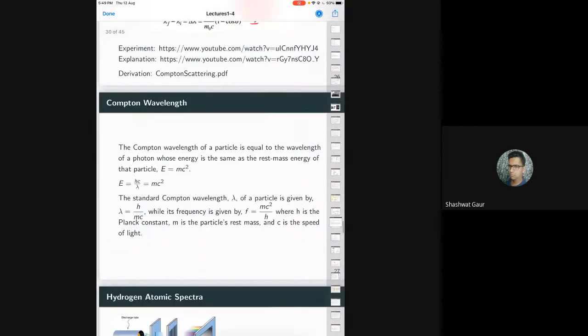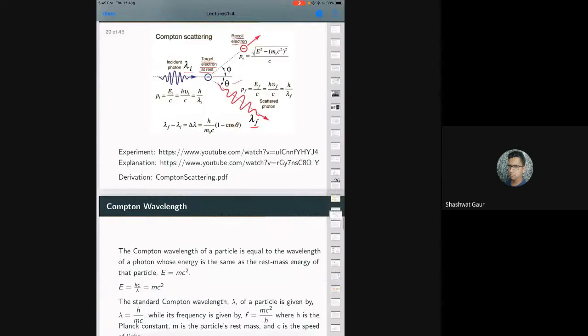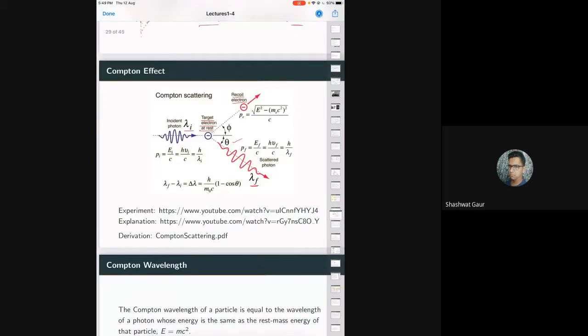Okay. Anyway, so this is the Compton scattering. We will do the derivations. I will not start it today because it's a long derivation and I don't want to leave it in the middle. So I'll do it on Tuesday.